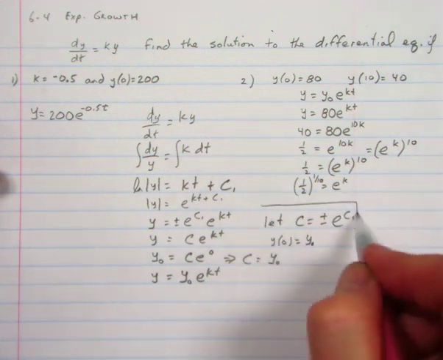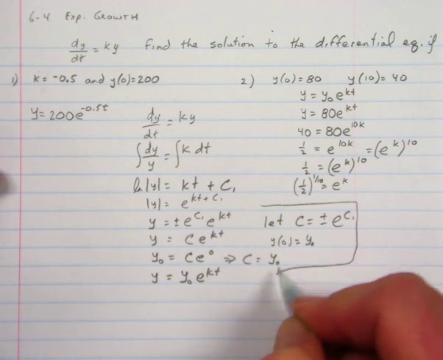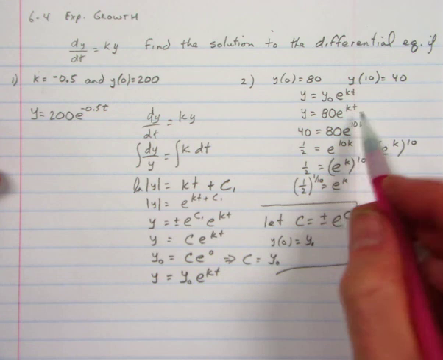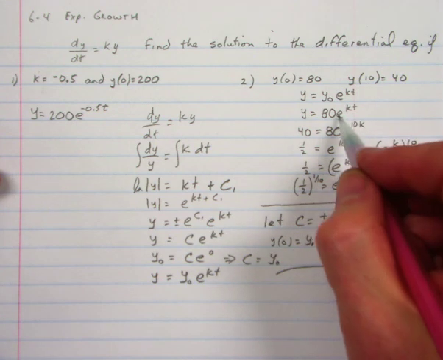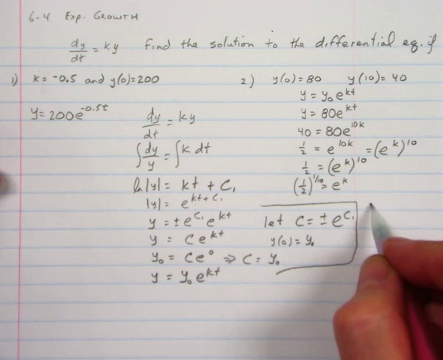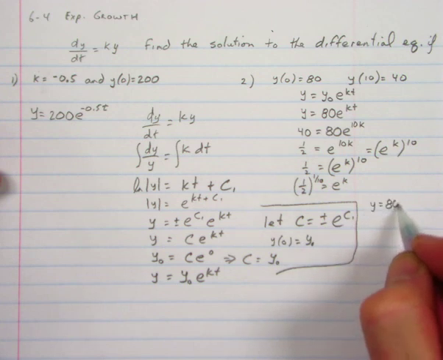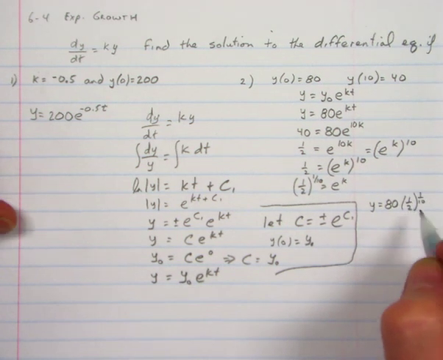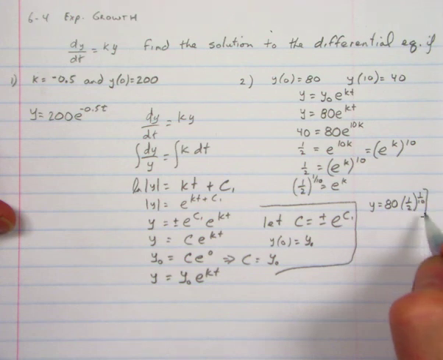And let me box this part here. That's all we need. We can go back to our equation. We have 80 e to the k to the t, so this would be y equals 80 times, instead of e to the k, 1/2 to the 1 over 10, and we will raise that to the power of t.